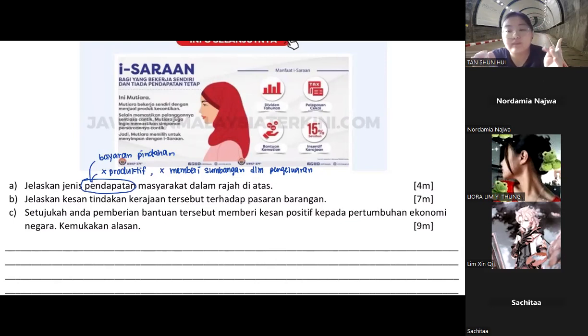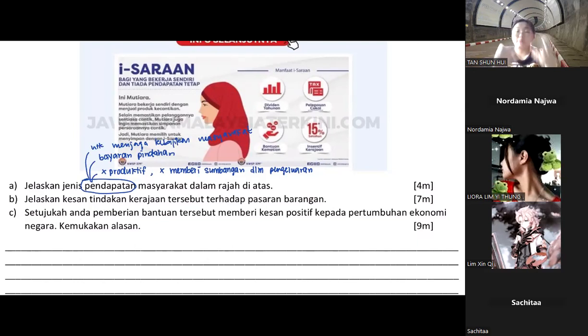Now, any other point you can talk about it? Bayaran pindahan, why they will give this? Why government give you money? Because government think that you need money, right? So, untuk menjaga kebajikan masyarakat. 4 marks.